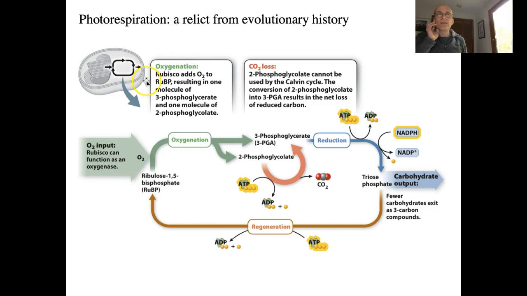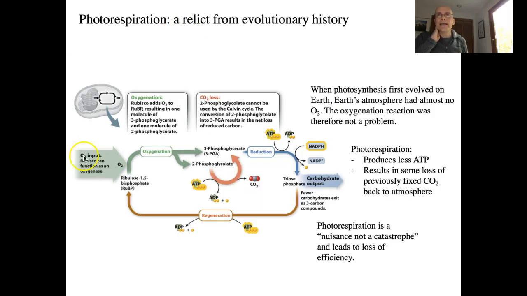So I said this is a relic from evolutionary history. Why is that? Well, it's because when the Calvin cycle evolved in organisms, that was before plants really evolved. And that means there wasn't really any splitting of oxygen yet. So parts of these reactions didn't happen.